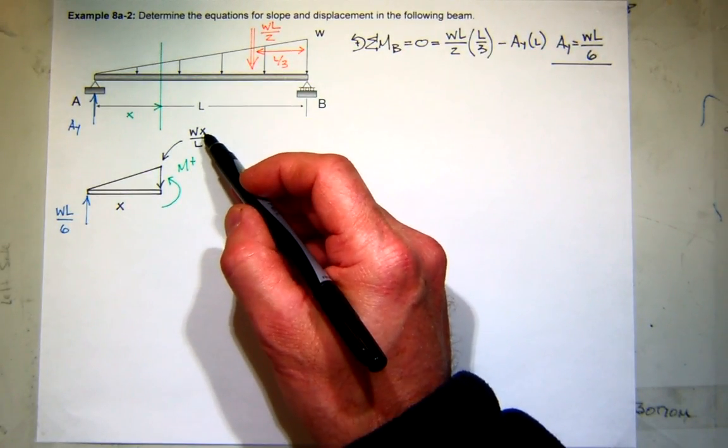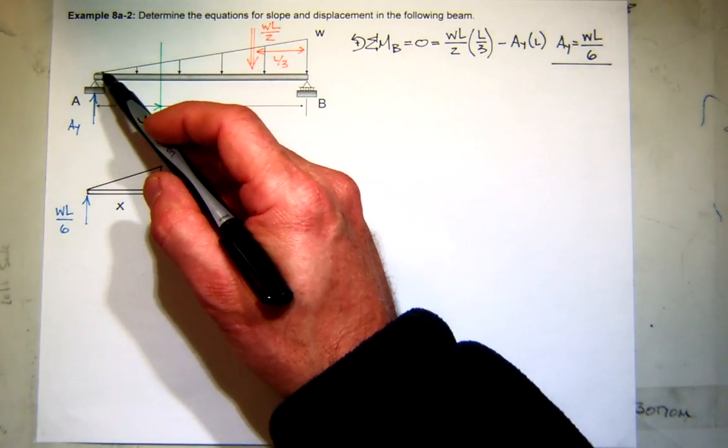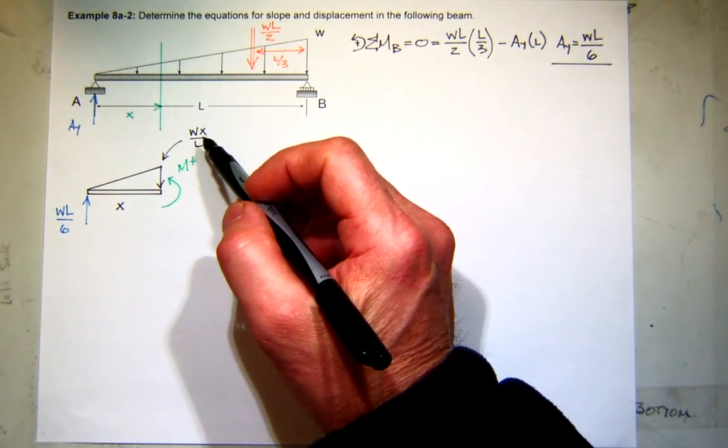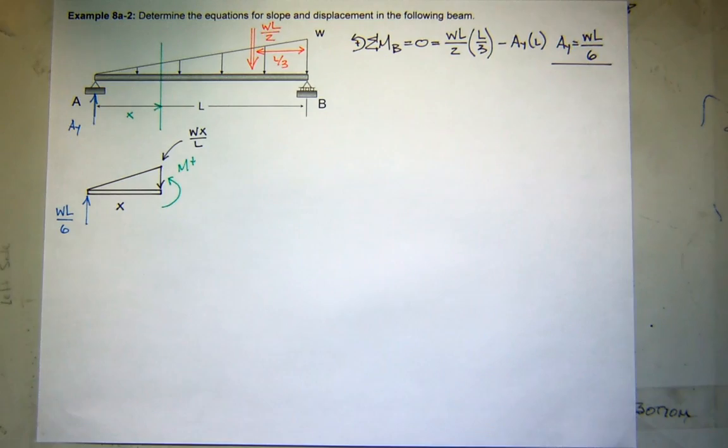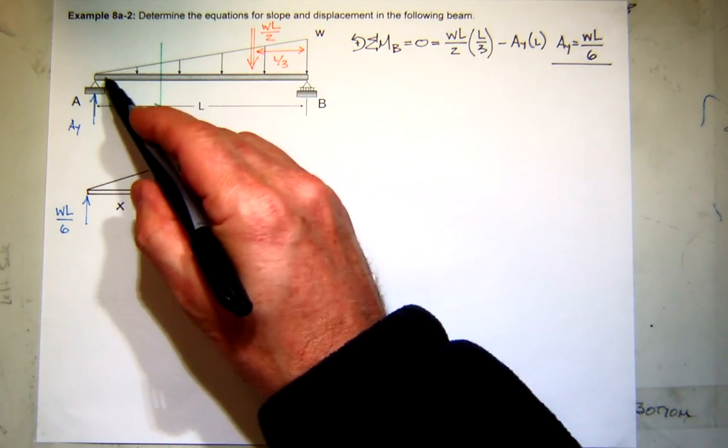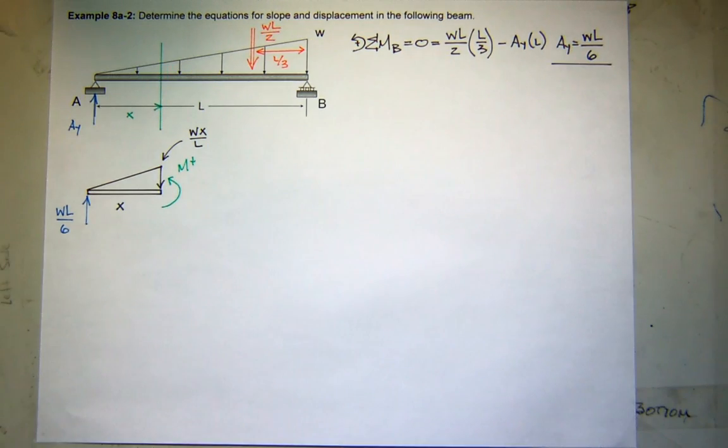Well, when x is 0, this should be 0, and that matches really well. When x is L, L over L is 1, and I get W. So that's really the equation of this line in our coordinate system.